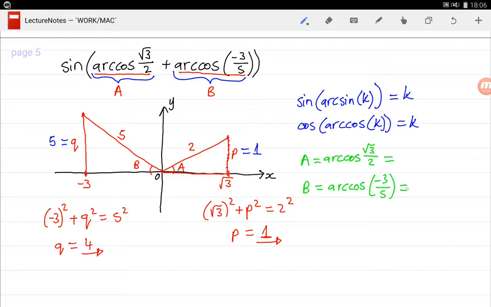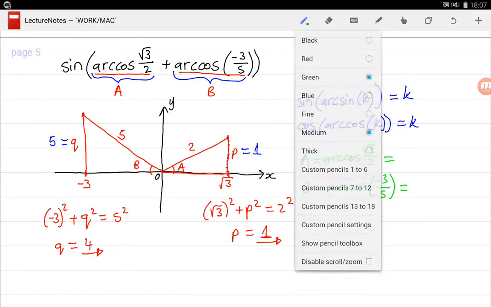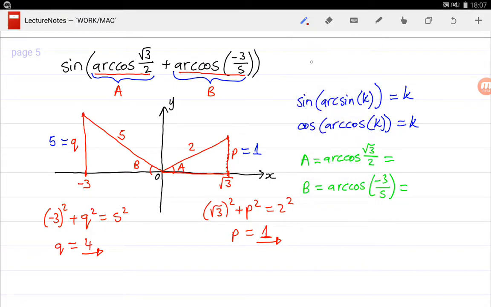Now we want to express these angles as arc sine as well. Remember, arc sine also gives you an angle, so we can express these angles A and B in terms of arc cos and arc sine. The way we do that is we use SOHCAHTOA. I'm just going to write it up here. We're going to use SOHCAHTOA to express this in terms of sine.